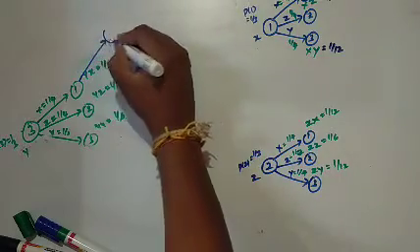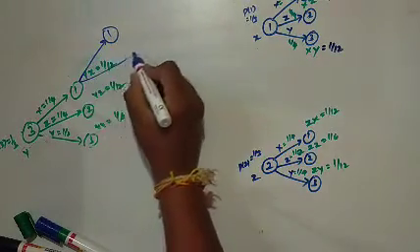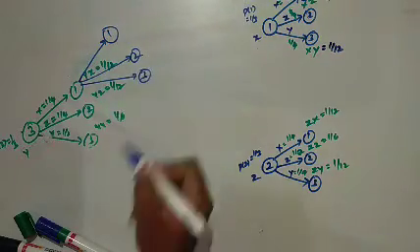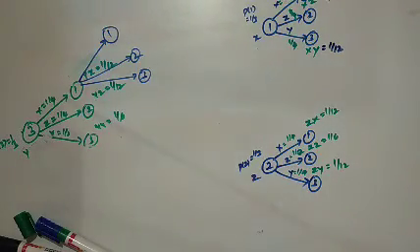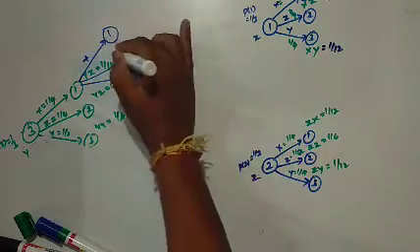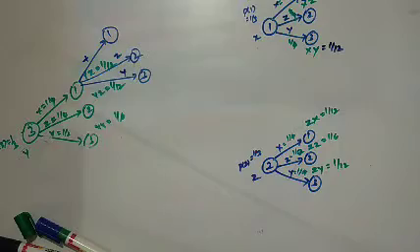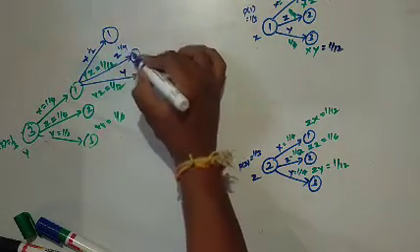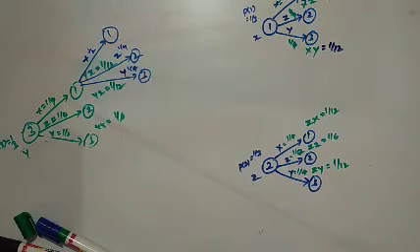That is 1, 2, and 3. What is that? It is x, it is z, it is y. And their values are 1 by 2, 1 by 4, 1 by 4.